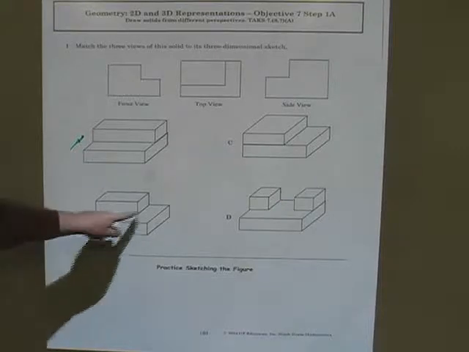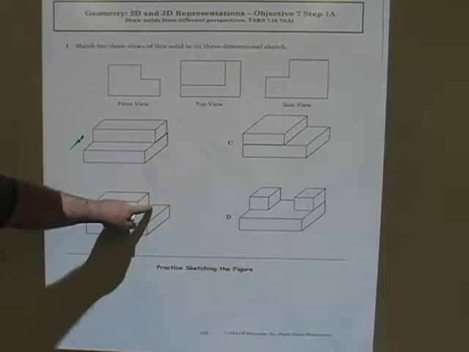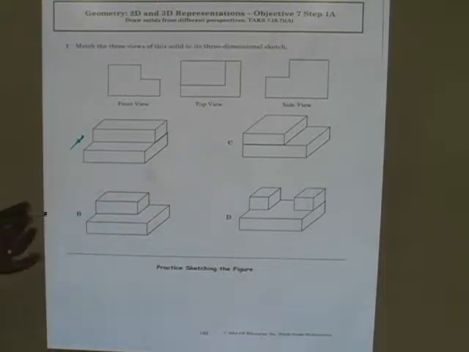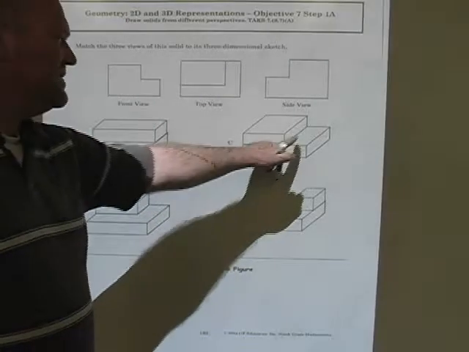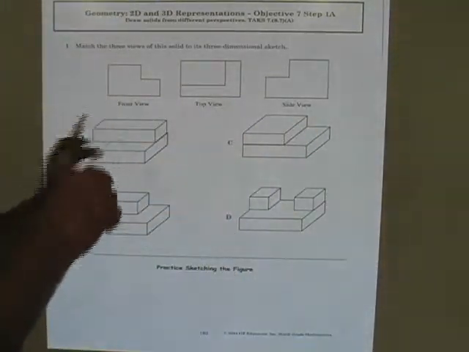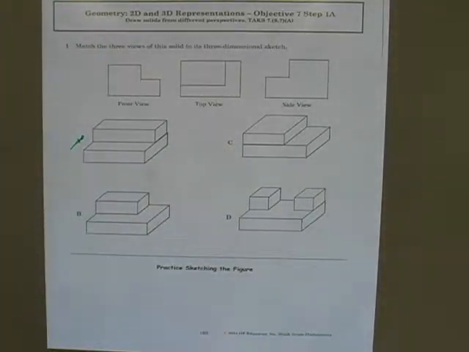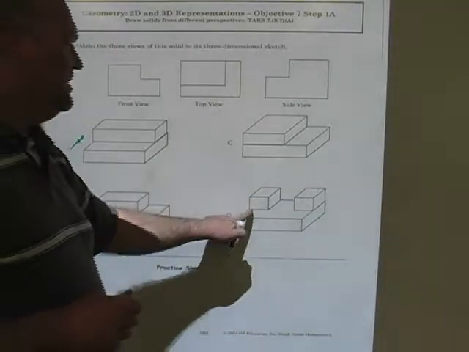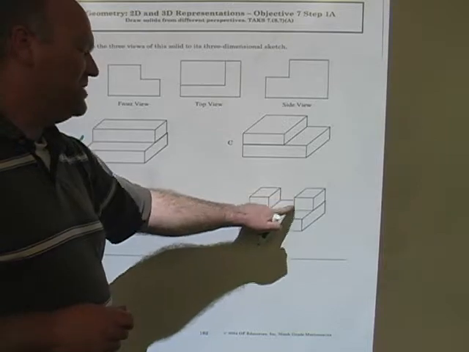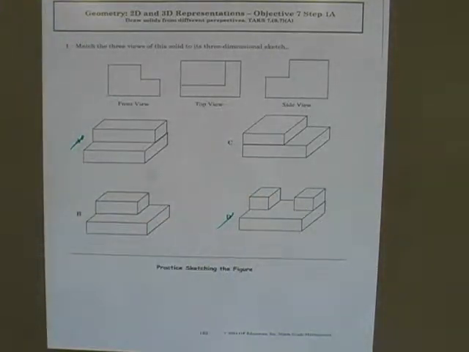Now B, you do see that. There's something missing on the top right. So it could be B. Same with C. You got a piece missing right here on the top. Remember, you're looking at it from the front, right here. And then D, you have a piece missing, but it's at the top in the middle, so that's not going to work.